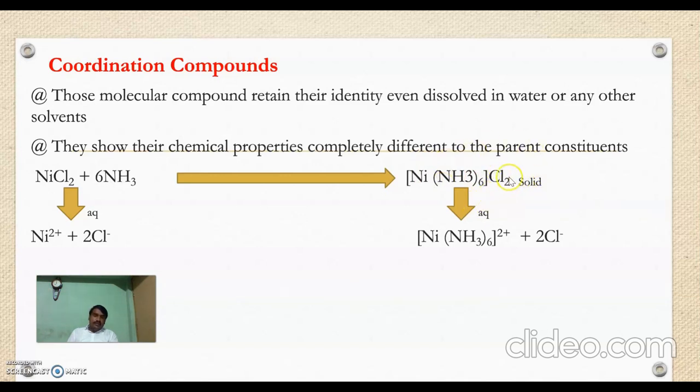When we dissolve this compound, it does not show positive tests like the parent compound. This is the final compound, and the nickel chloride shows Ni2+ plus twice Cl-.